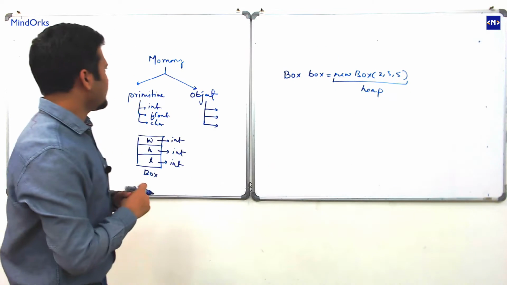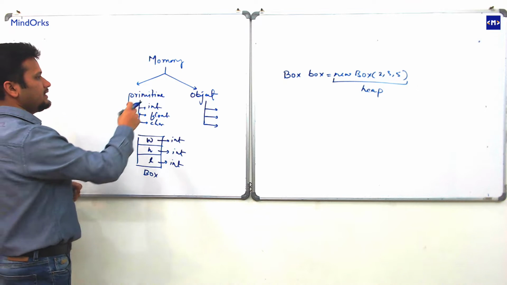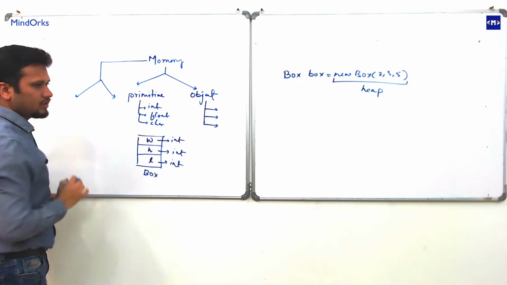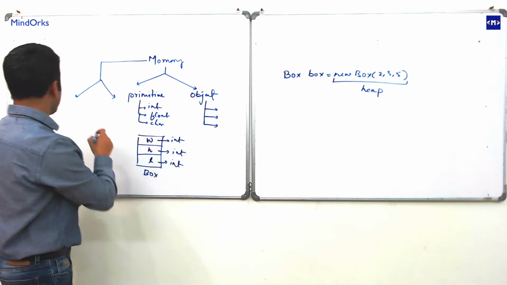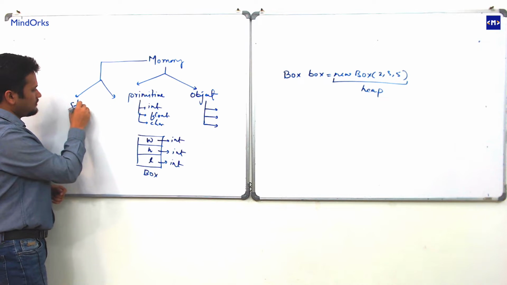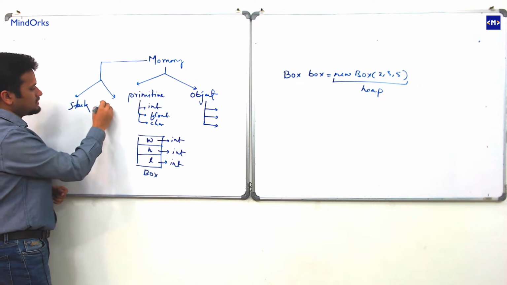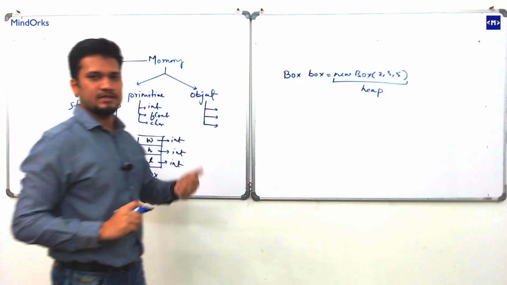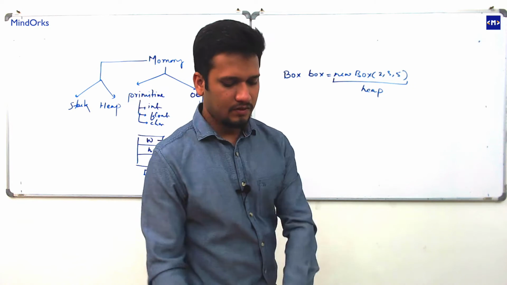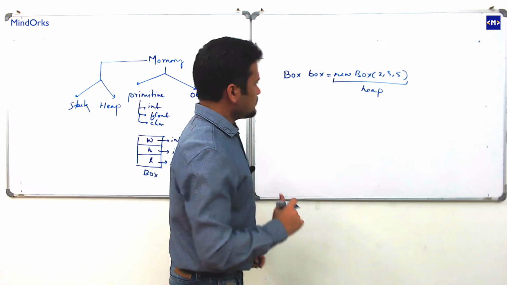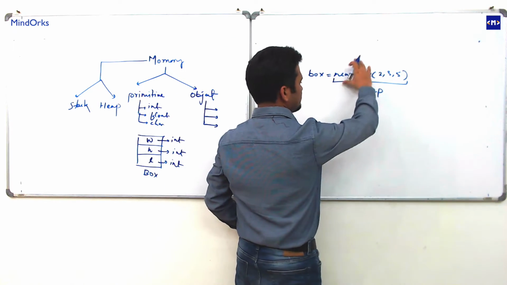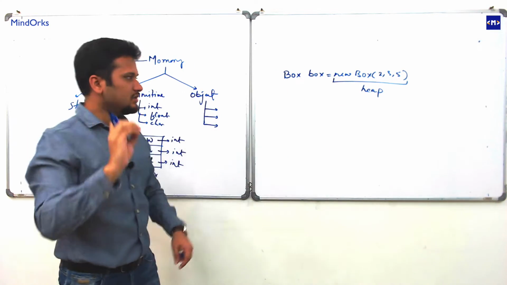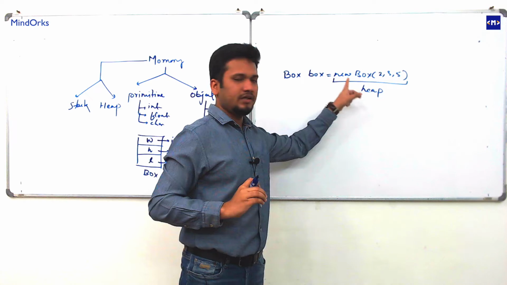So now we can define memory in two terms. There are two types of memory. One is stack and another is heap. We'll understand both of them through this example. So when you create a new object, this is stored in the heap memory.